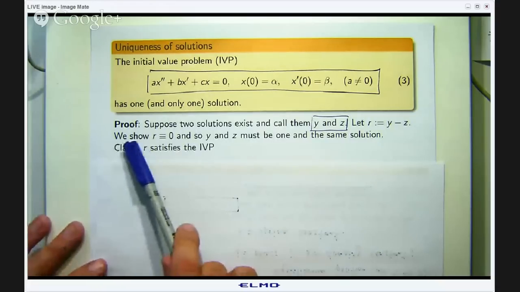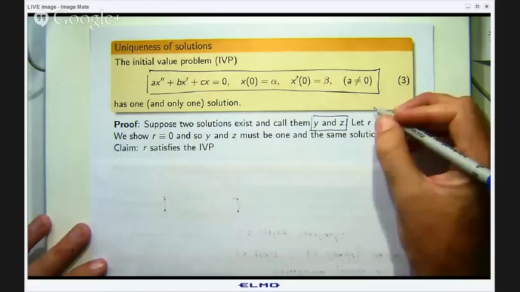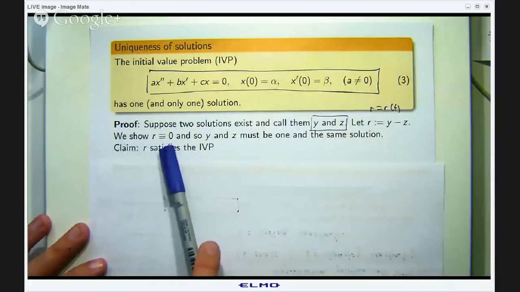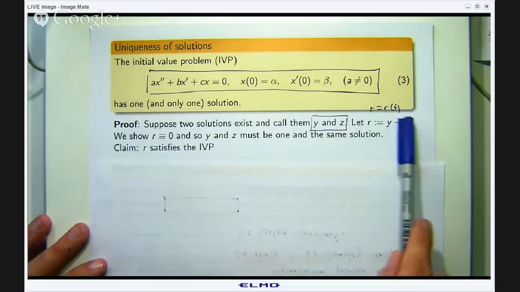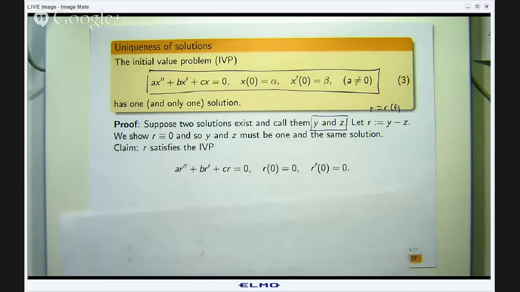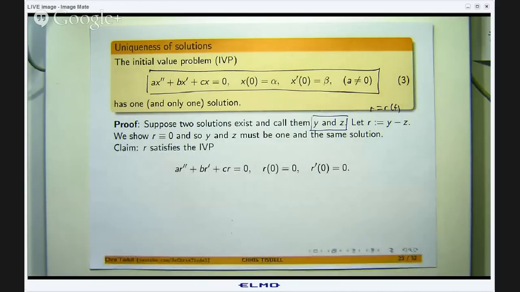What we're going to do is show that this function r of t is identically equal to 0. What does that mean? It means that y and z must be identically equal. In other words, they are one and the same solution. So the only way that two solutions can exist is actually if they're the same solution, so they're not two distinct solutions.